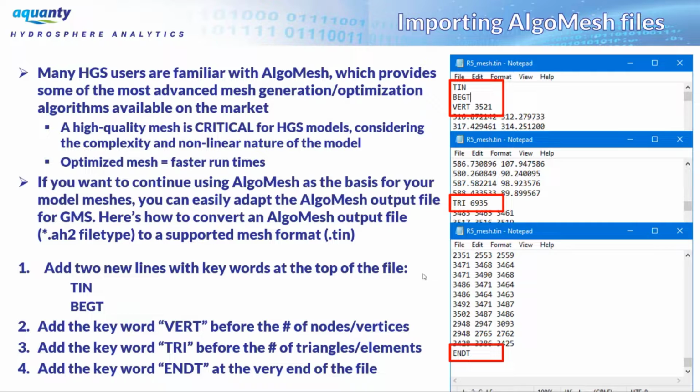So if you ever need a walkthrough of this, feel free to just reach out. I can show you how it's done. It's quite simple. But once you have this 2D triangular element mesh in the TIN format, you can load it into GMS and then use some of the built-in tools to convert that TIN file to a 3D mesh using raster files or any other number of different options to define your soil layers and elevations.